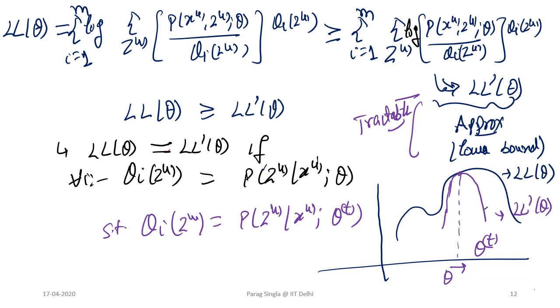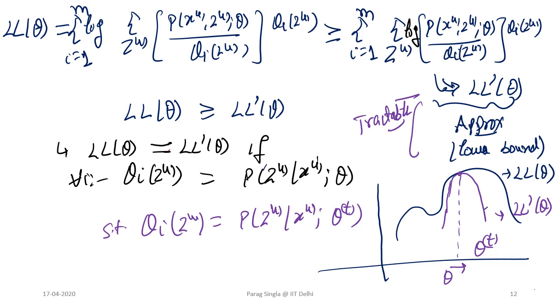This lower bound has the property that it is not only a lower bound, but it also touches the original function, because this inequality becomes equality at those thetas. In other words, if we choose qi zi to be exactly the conditional distribution of zi given xi, given some theta, at those particular theta which I'm calling theta t, this lower bound becomes equal to the original function.